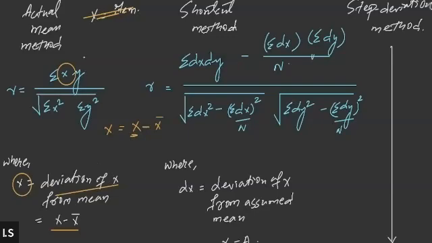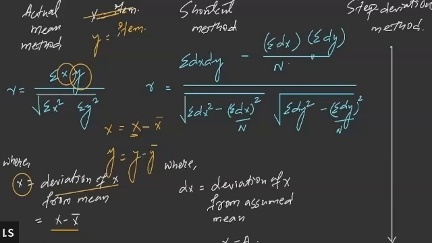Similarly, y in the formula does not mean variable Y, that is the item Y, but y means deviation of Y. And how do we calculate deviation of Y? We calculate deviation of Y simply by subtracting the mean of the Y series from the items of the Y series.